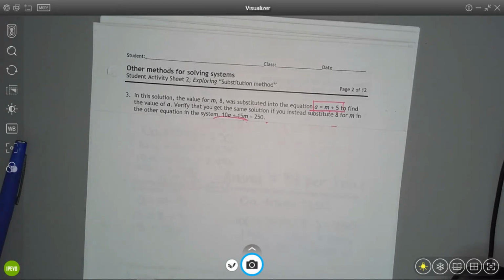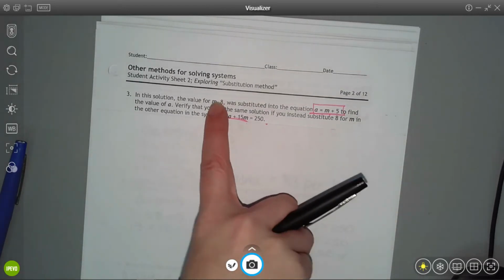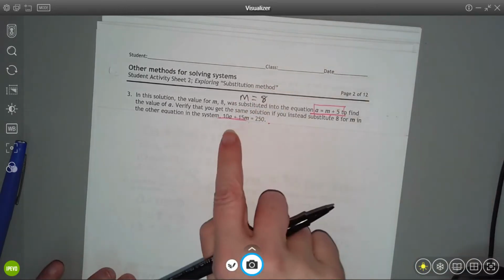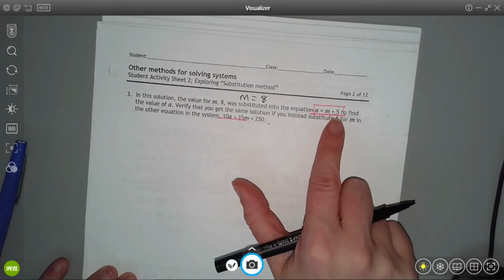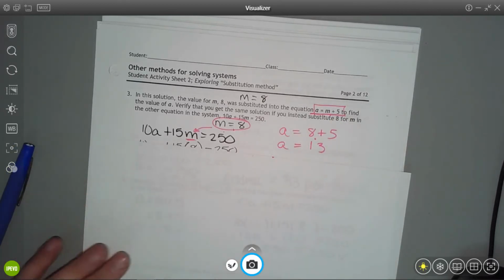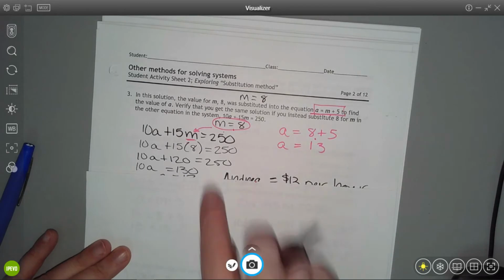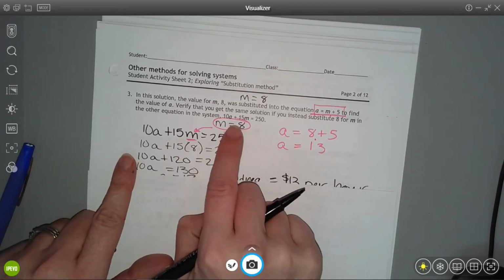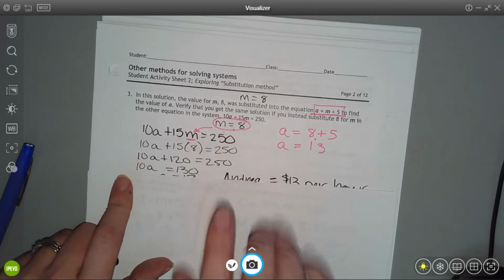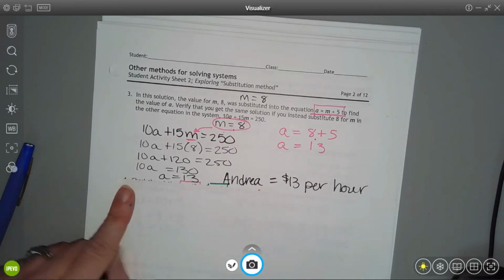What they're saying here, guys, is they want you to take our answer, M equals 8, and plug it into both of these equations to make sure that it holds true. So when I plug this into this first equation, M is 8, so I'm going to replace that M with an 8, and I get that A equals 13.